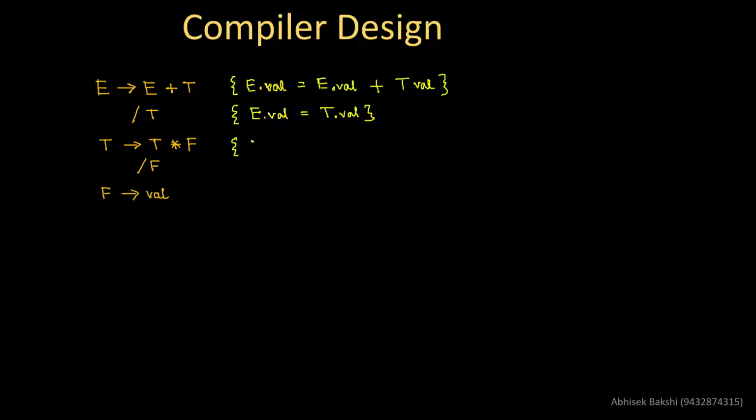You can write T dot val equal to T dot val, sorry, into F dot val. Similarly here, T dot val can be written equal to F dot val, because that is the only copy operation over here.